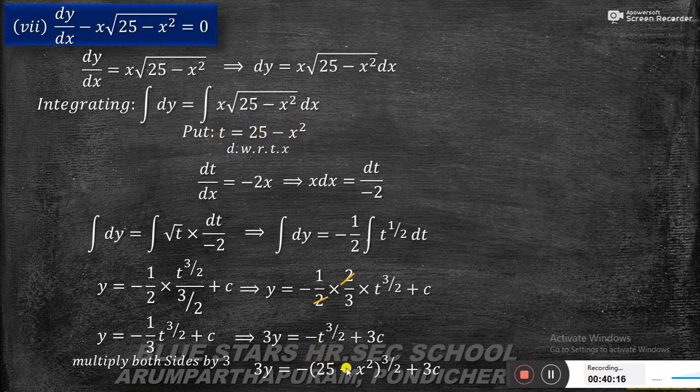I substitute 25 minus x square whole power 3 by 2 plus 3c. This is the solution for our given equation.